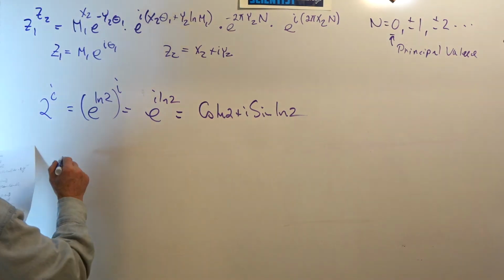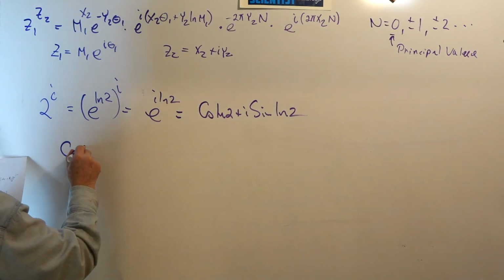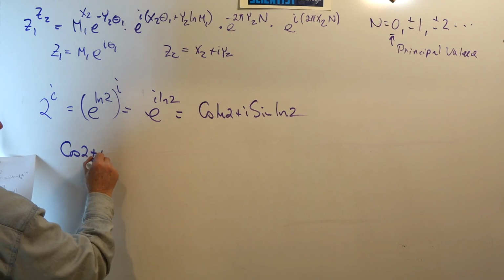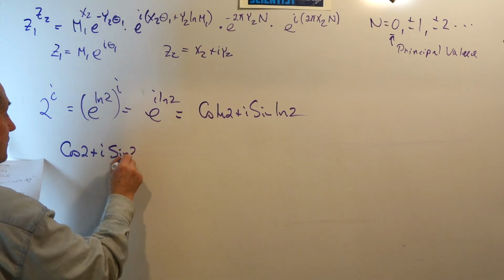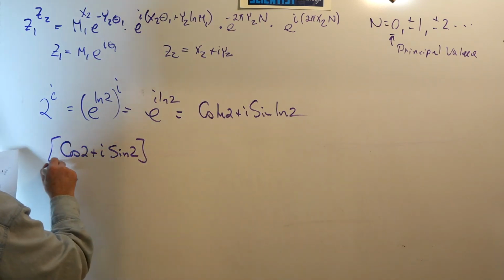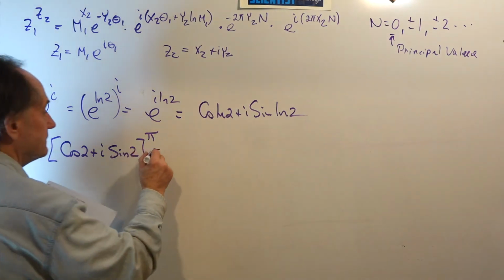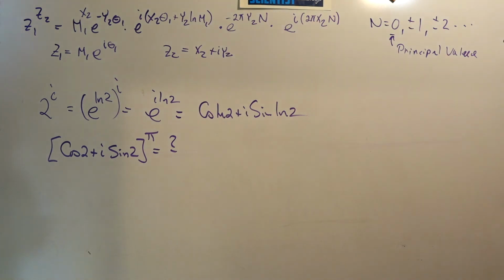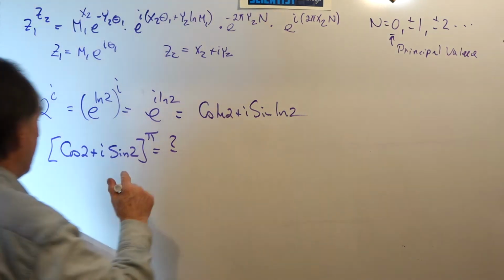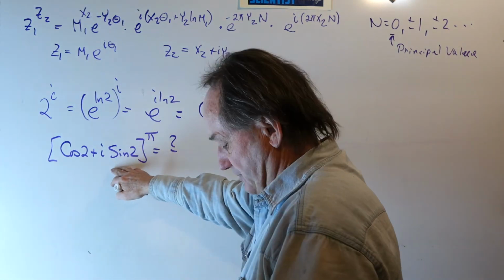How about this: what is cosine of 2 plus i sine of 2, raised to the pi power? Well, make note, we can write this out in exponential form.